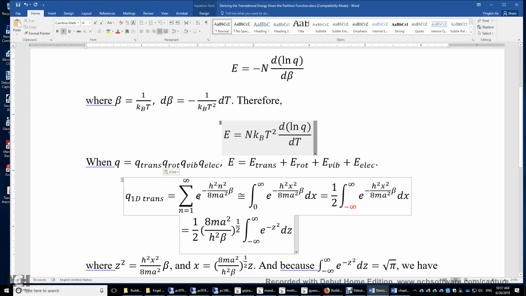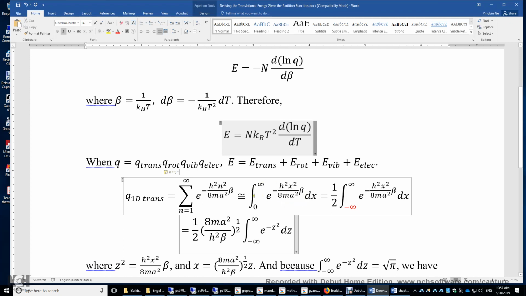It's the sum of e to the power of negative epsilon beta, and epsilon is n squared h squared over 8 m a squared. a is the dimension of the one-dimensional box, m is the mass of the particle, n is the quantum number and can be from 1 to infinity, h is the Planck constant. Then I'm going to use an integral to approximate the sum and change the lower limit from 1 to 0. This approximation is fairly good.